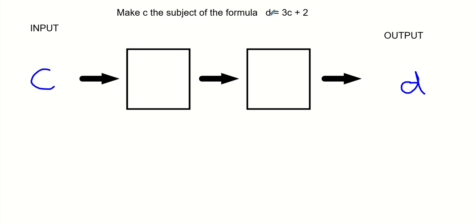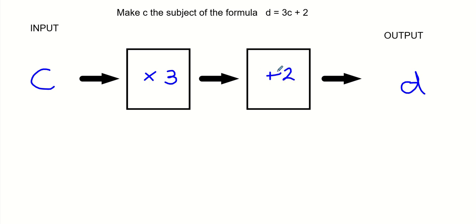Now, if we look at this calculation, the first thing that must have happened to the value of c is that we've multiplied it by 3 to become 3c. So that's the first thing that has happened. We've multiplied it by 3. After we've multiplied the value of c by 3, we've then added 2.